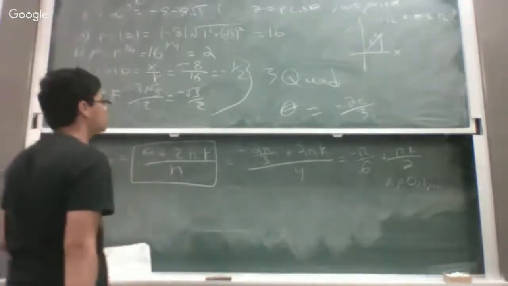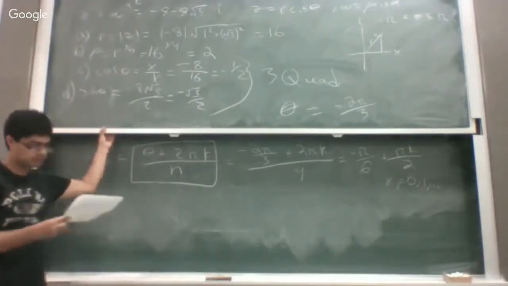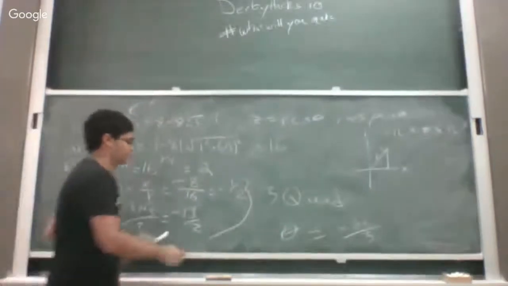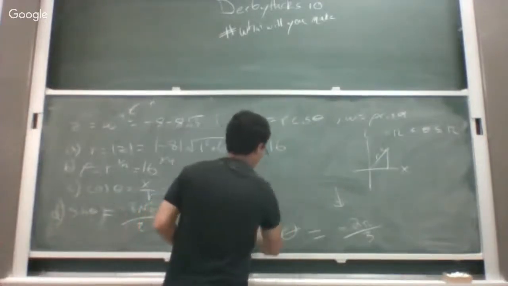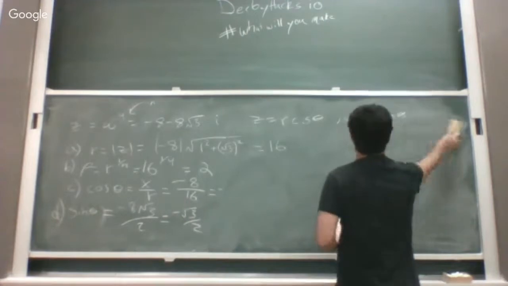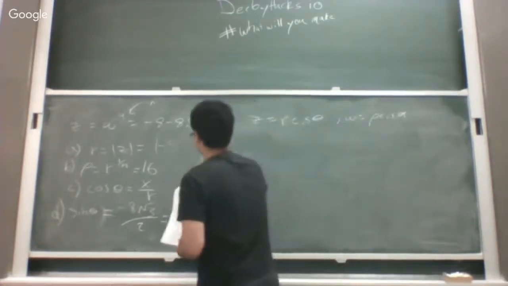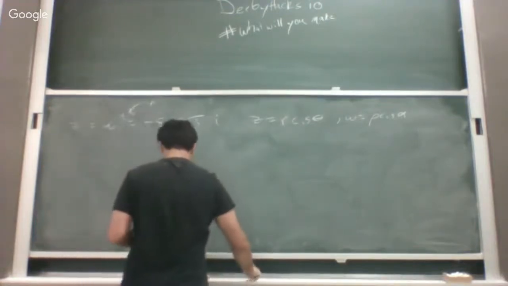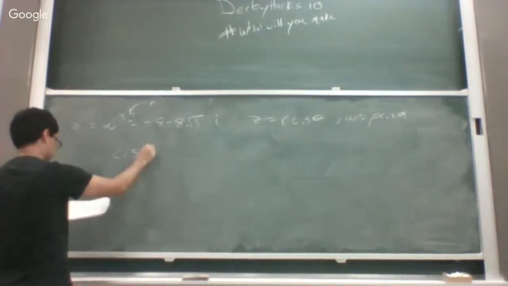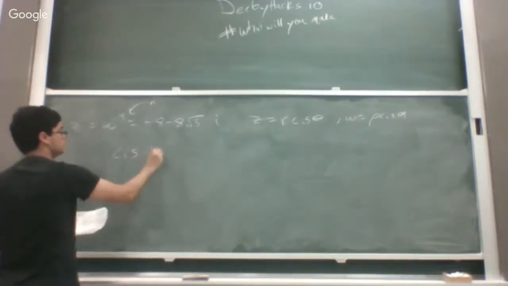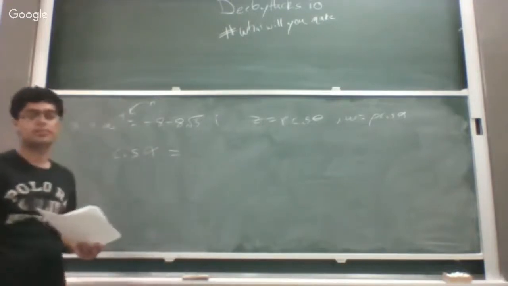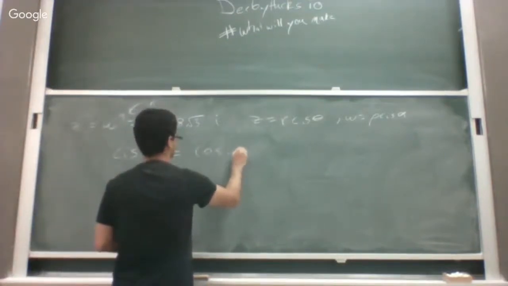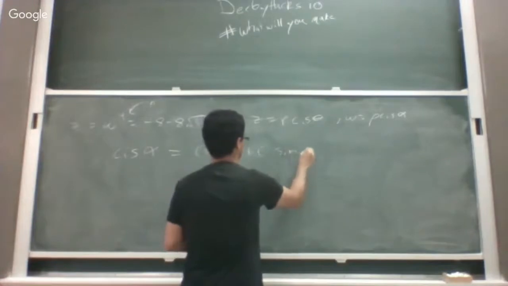Are you guys good with this part? Because I will need to explain some stuff now. So when we say cis of alpha, that's equal to cosine of alpha plus i sine alpha, right?